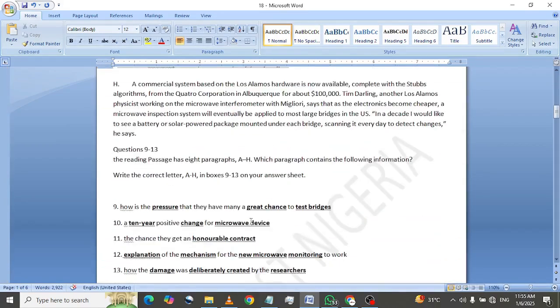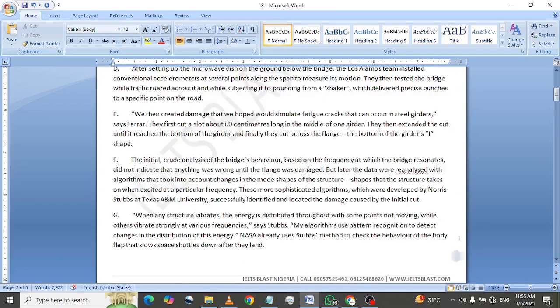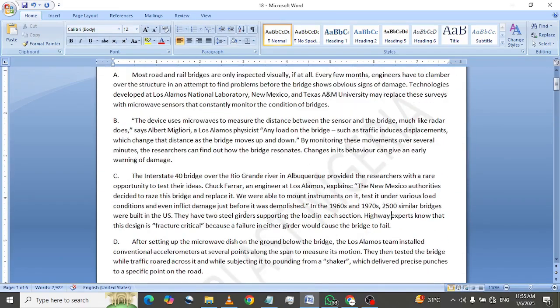The question says: how is the pressure that they have many chances to test the bridge? You can see now something that relates to the pressure here. It says the New Mexico Authority decided to raise this bridge and replace it, where they were able to mount instruments on top of it. You can see it now: pressure, they are mounting instruments upon it, then testing it under various conditions.